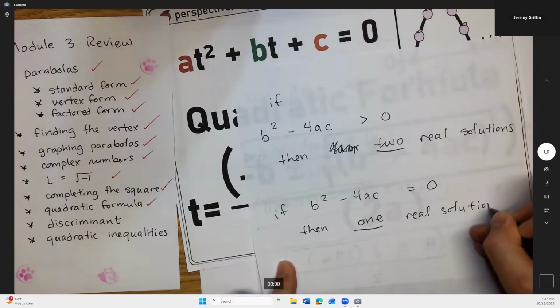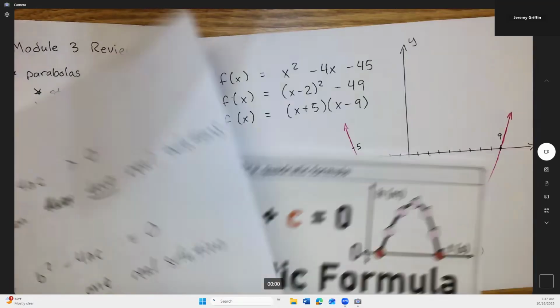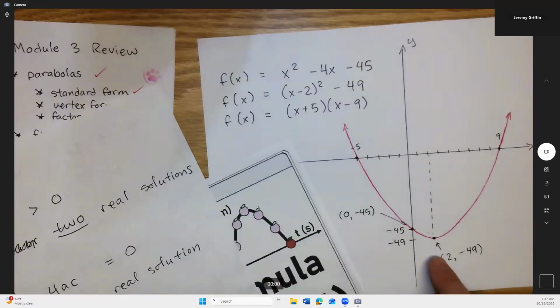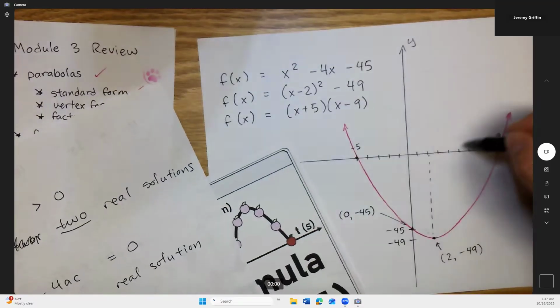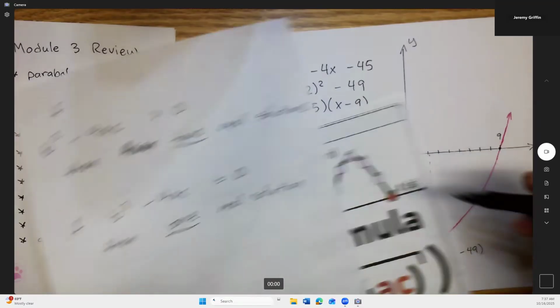And what that would look like on a graph is the parabola just touches the x-axis. Okay, and so it only touches one place, one real solution.